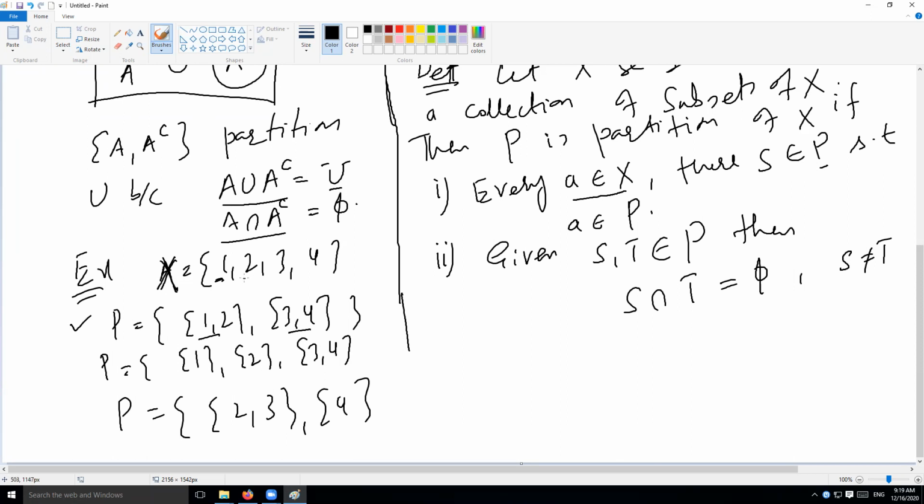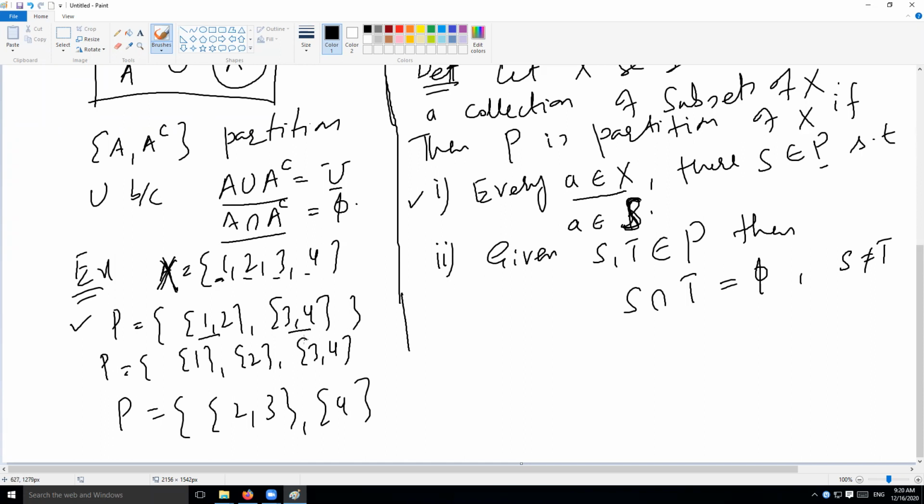Every element is present in some part of the partition. So that's what the first condition is saying: for every element A, we can find a set S in the partition which contains that element A.